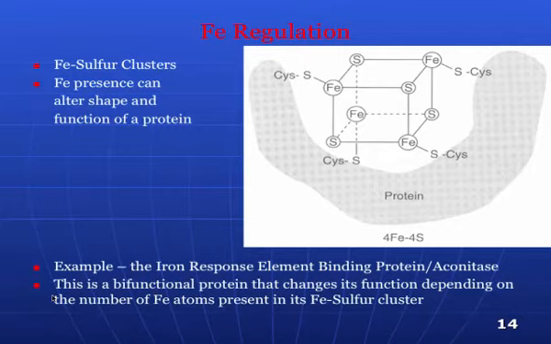The same protein, when iron levels are low, doesn't function as aconitase because the cell has more 3 iron 4 sulfur clusters. That cluster has a different shape, and that causes this protein to function as iron response element binding protein, which means nothing so far because we haven't gone through this yet, right? So one protein, 2 functions, depending on iron levels.